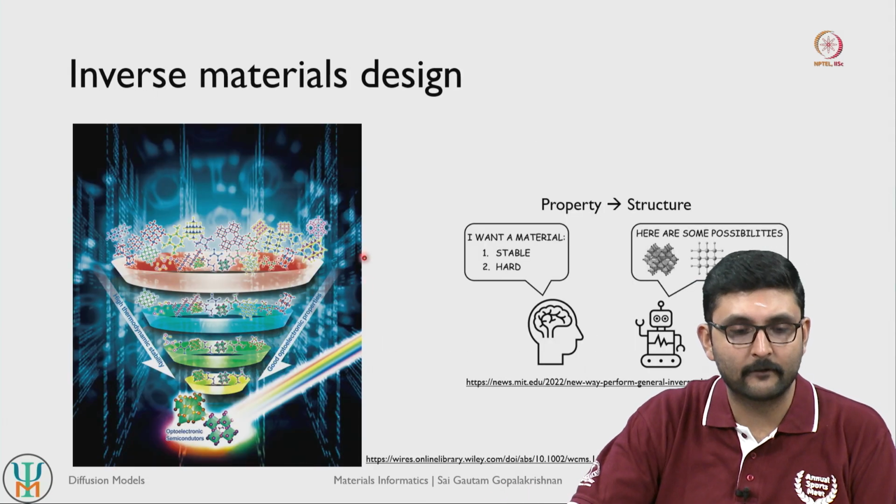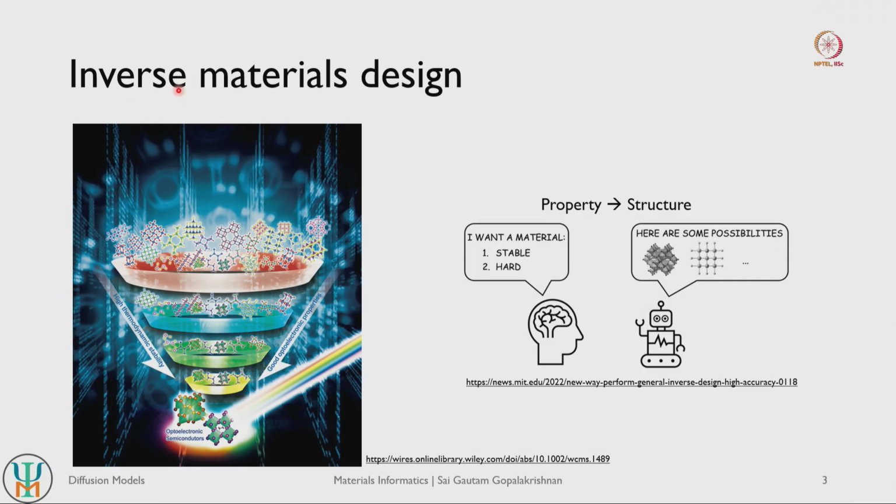Alright. So far we have looked at this conventional sort of materials design strategy. Let us say you have a certain application in mind, for example optoelectronic semiconductors, and you have certain properties that you need for a material to function well as a semiconductor. What you typically do is compute properties for a large number of materials and put them through different filters.